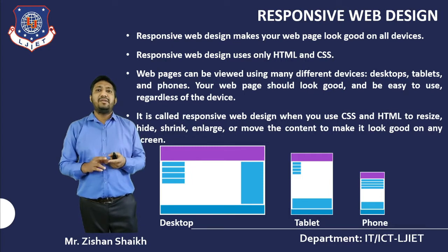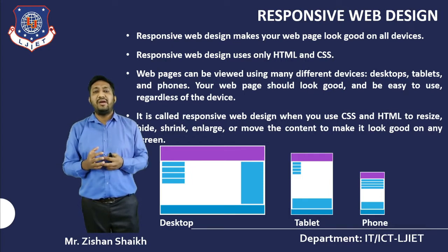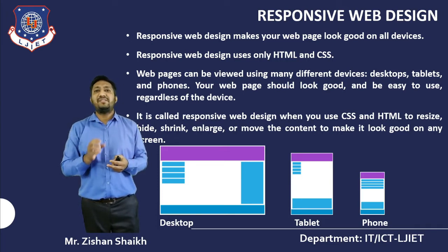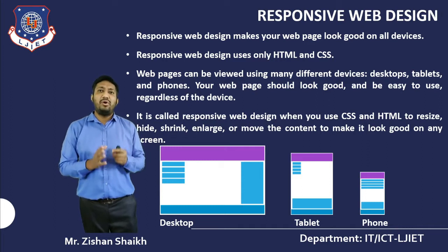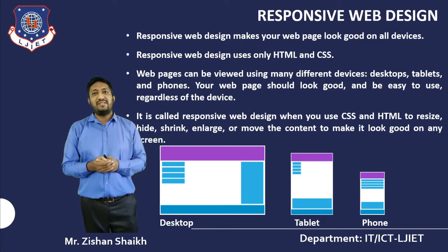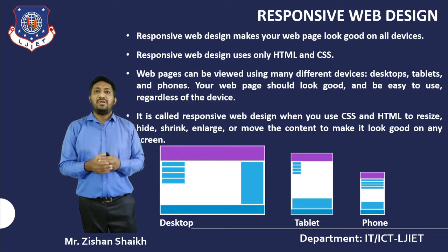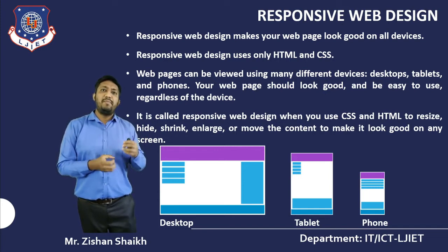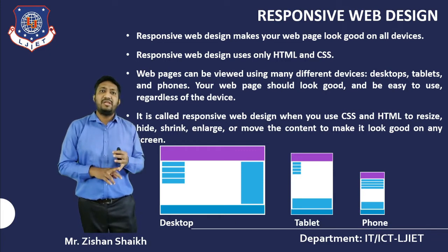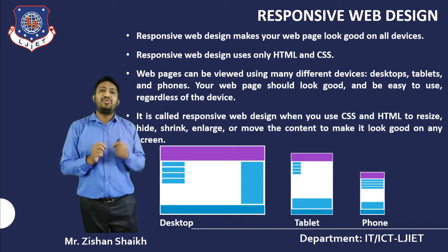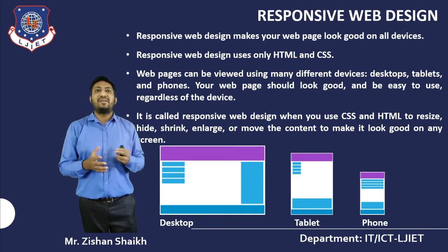The basic necessity to design a responsive web design is that the coder must use HTML and CSS purely. If we follow all the W3C standards supported by HTML and CSS, then we can create our website or web design as responsive. When a web page can be viewed on many different devices, such as desktop, tablet or phone, it should look good and be easy to use on all of them. We consider that a responsive web design.